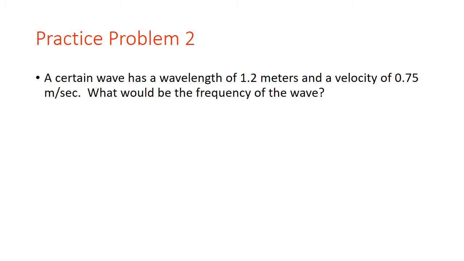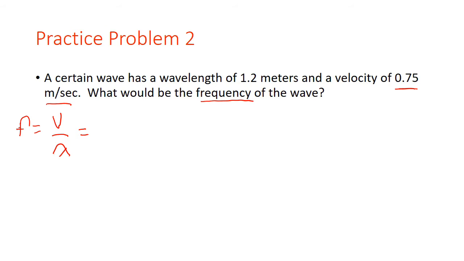Here in problem number 2, it says a certain wave has a wavelength of 1.2 meters and a velocity of 0.75 meters per second. What would be its frequency? So from my equation note card, I know that frequency is equal to the velocity divided by the wavelength, which is the symbol lambda.